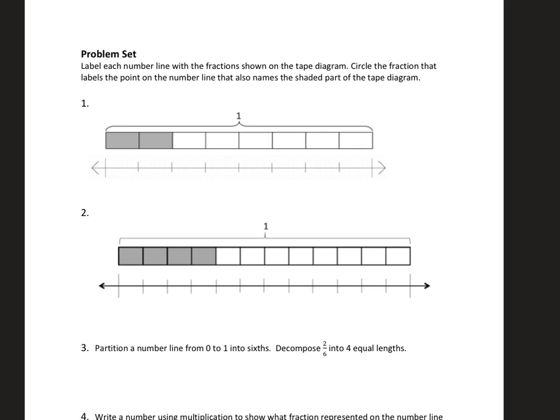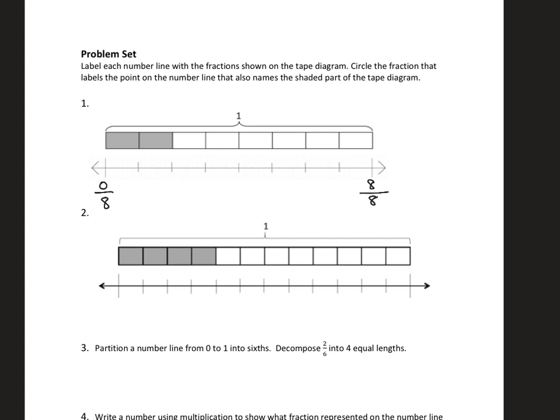All right, so here I can see that I have 1, 2, 3, 4, 5, 6, 7, 8 total units. So I know that means my denominator is going to be 8. All right, so I know that this is going to be 0/8, right? And then this is going to be 8/8, which is the same as 1 whole.